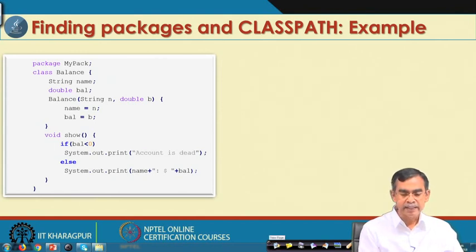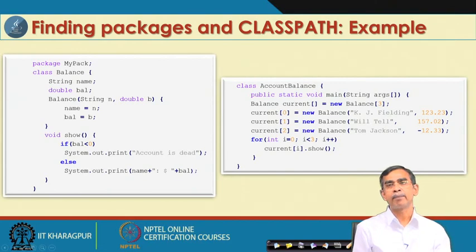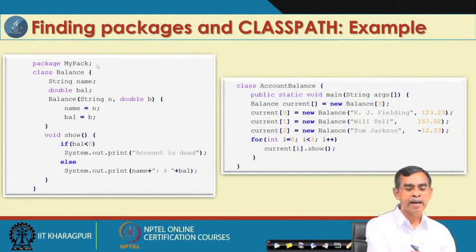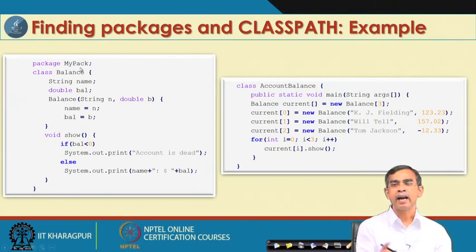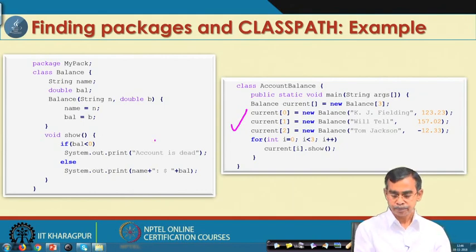Once this package is created, you can use this class file in any program, and this is the one class you can define. This mypack can be created under the directory where this class is defined. So, this is the class file under a working directory, and this is the file in a package.